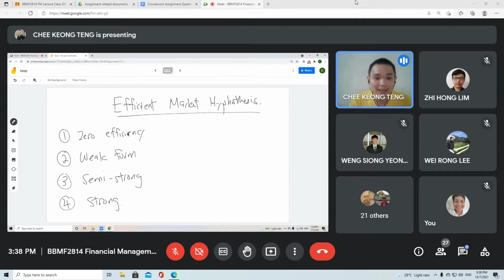But of course here we have four types of efficiency. Zero efficiency says that the share price fails to reflect information. If your share market is in zero efficiency, it means all the share prices fail to reflect any information from the market.